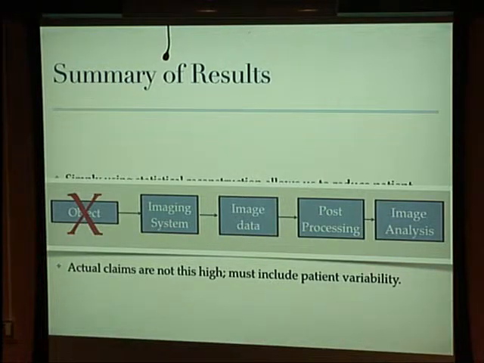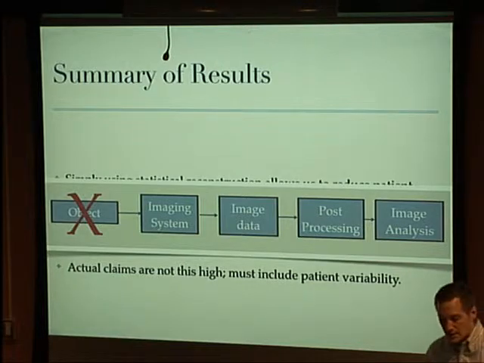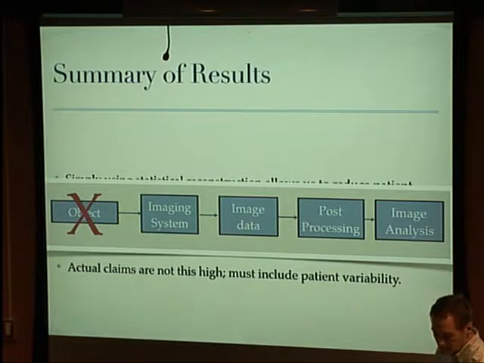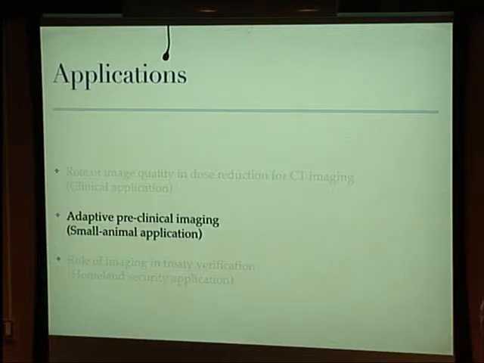So in actuality, the claims might not be as high, but our initial results are showing that, sure enough, using iterative reconstruction methods, we can probably implement a dose reduction. Okay. On to the next application.